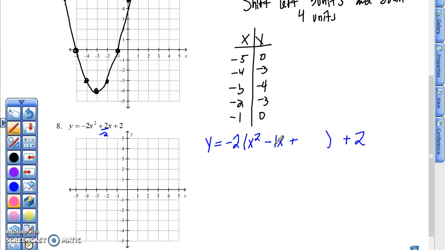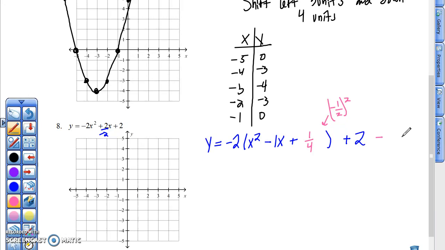Half of negative 1 is negative 1 half. Negative 1 half squared is positive 1/4. If I add 1/4 here, I have to subtract something on the outside to keep my equation balanced.